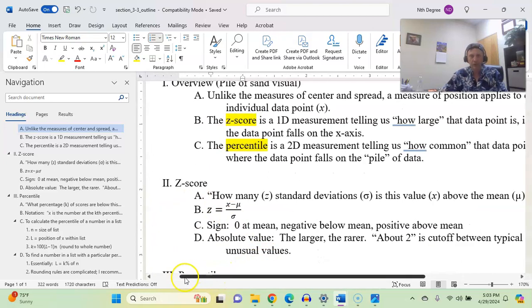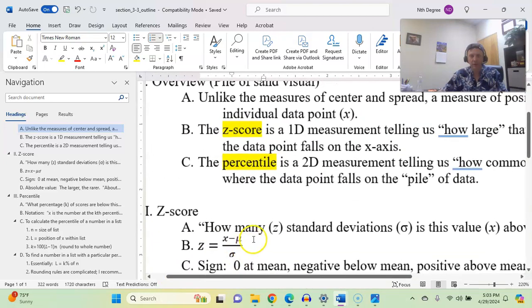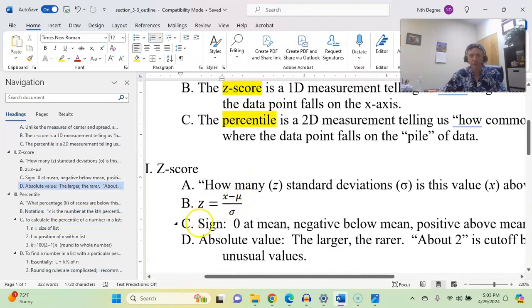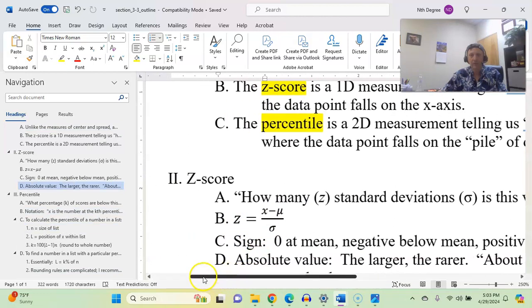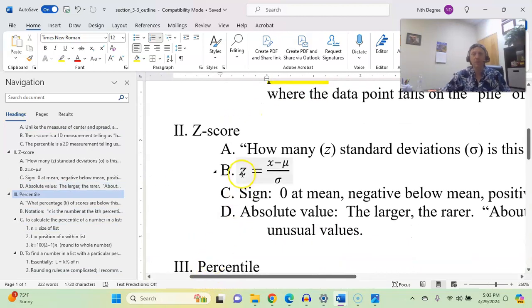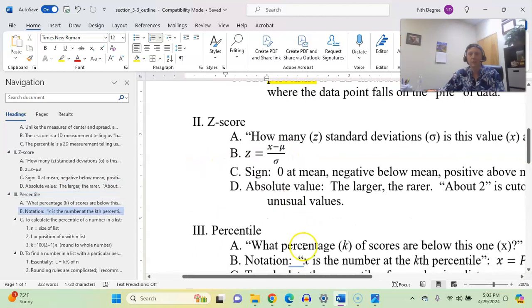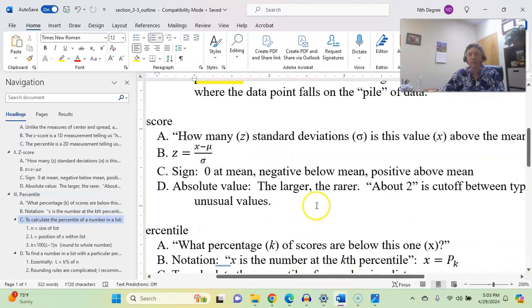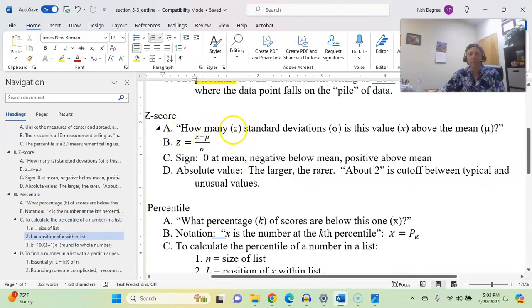And that formula involves subtracting and then dividing. So I'm trying to zoom in on it here. Okay, so the z-score is x minus mu over sigma. And to remind ourselves what these symbols mean, the standard deviation is sigma, the mean is mu, the grain of sand that we're interested in is the value itself, which we call x.